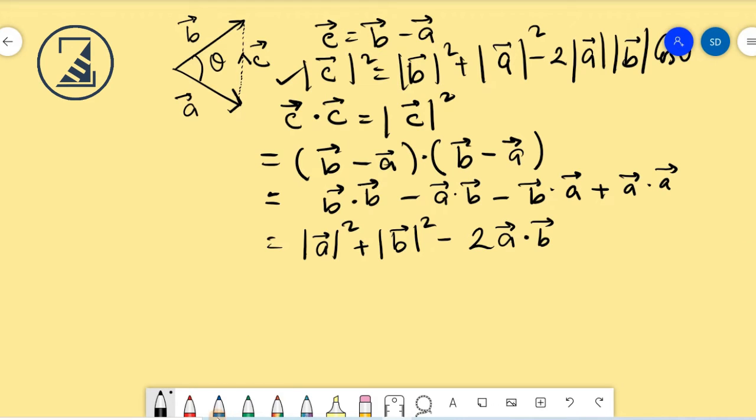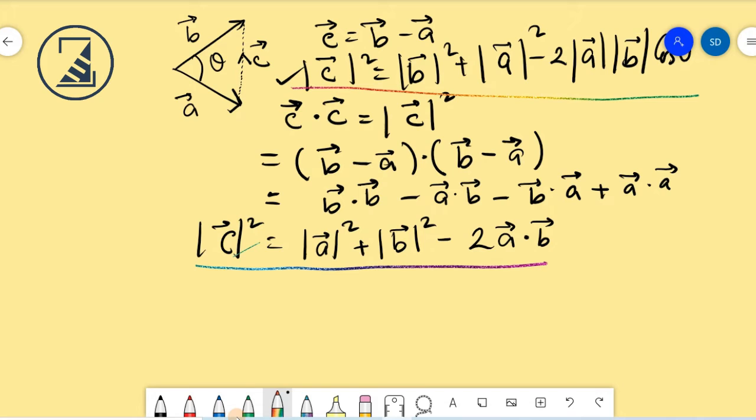Now this is c vector square. Now let's compare these two. Let's compare this line and this line. See, they are the same except for this thing. Here mod a mod b cos theta, and here we have a dot b.